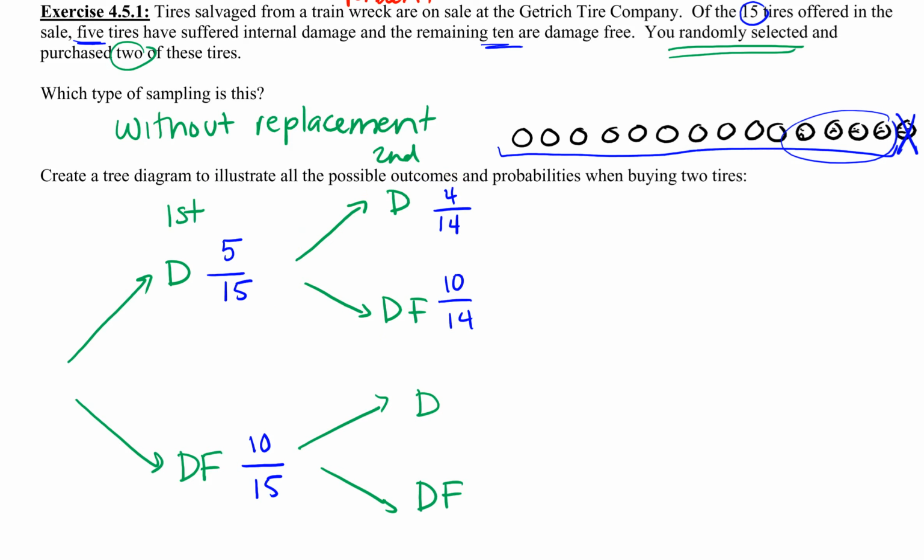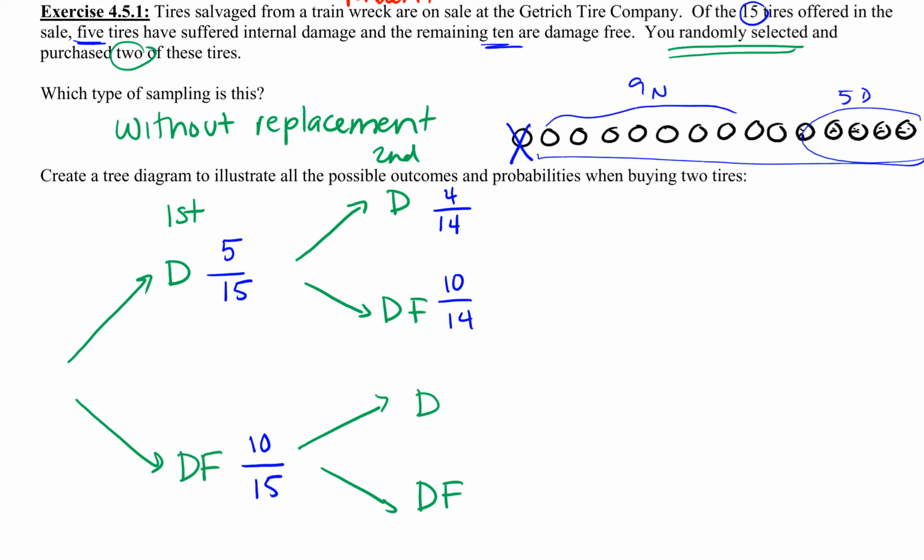And then the same thing on the other end, except for the other end, we're going to say, okay, we didn't pull that guy. In this other branch, the timeline, right, we pulled a damage-free tire. So now this is what our 14 remaining tires look like. 5 damaged, 9 not damaged, right? So there's 5 damaged, and there are 9 damage-free.